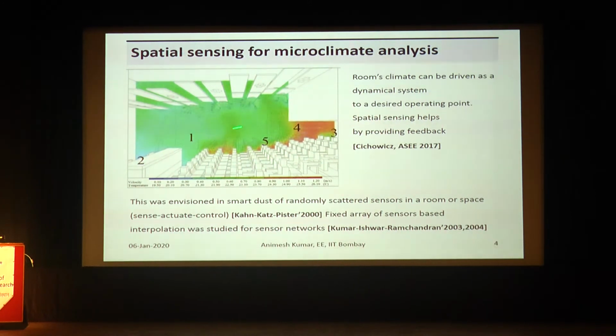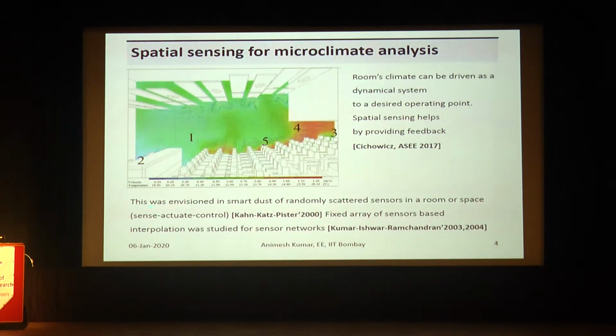So it's not like having a uniform climate throughout the room, but having a climate which is based on asymmetric or heterogeneous needs. And in this kind of setup, spatial sensing helps by providing feedback from various parts of the room back to some sort of controller which drives the state of the room to a fixed operating point.